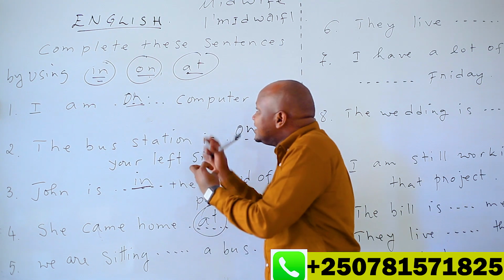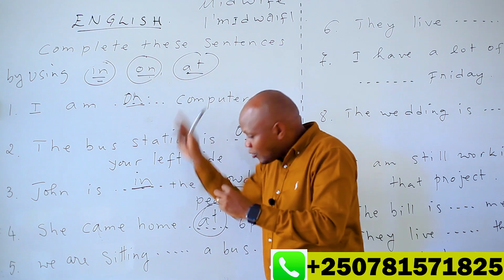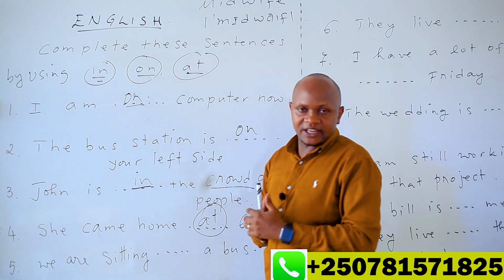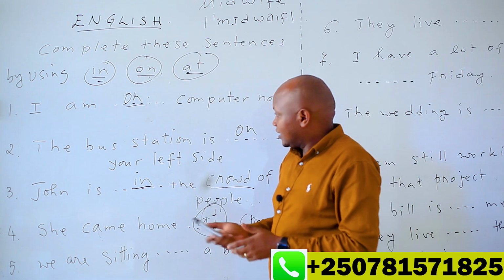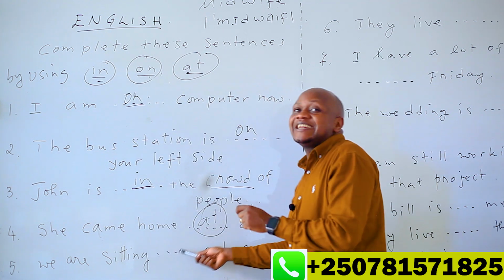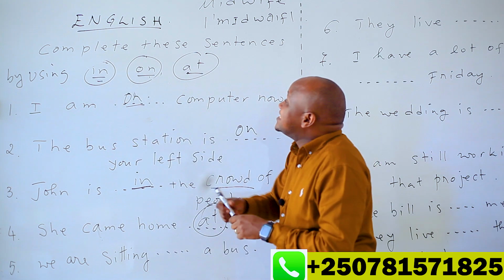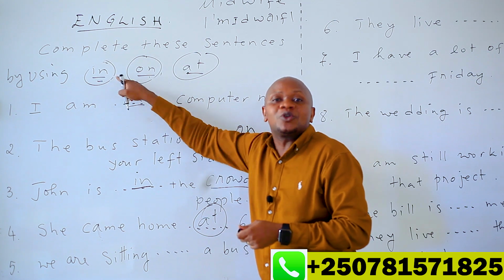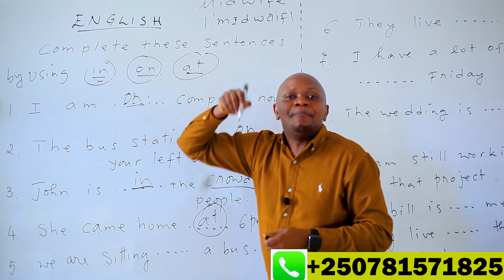Mu byukuri niye preposition iri hano twashyiramo hano ku buryo interuro yacu yumvikana neza. Abantu benshi bari kuvuga ngo we are sitting in a bus. I know, but this is a mistake. Iryo ni ikosa.